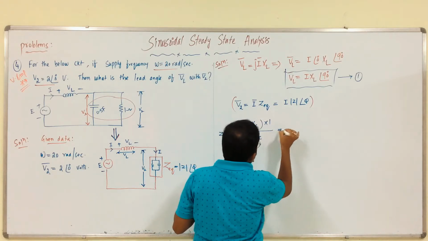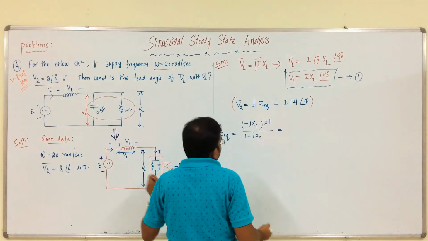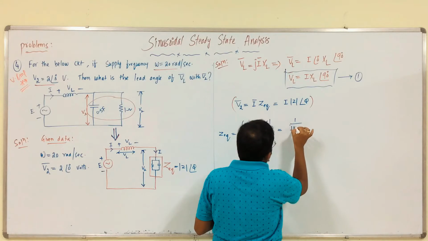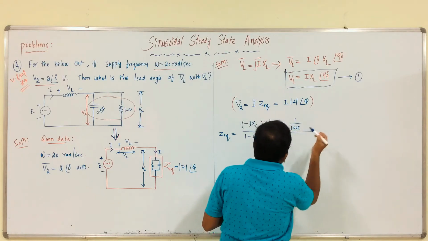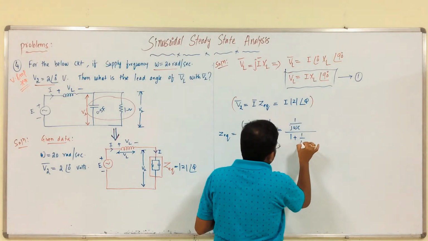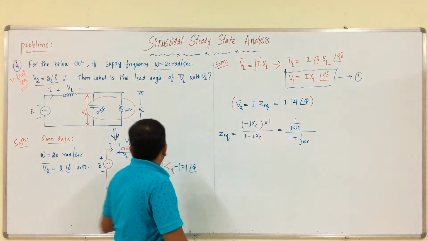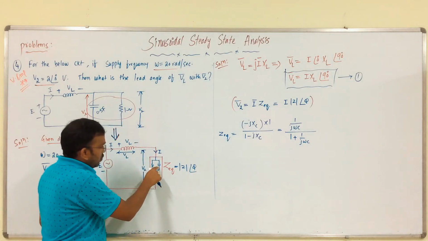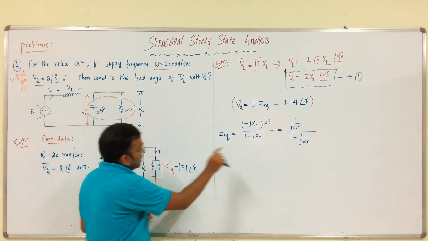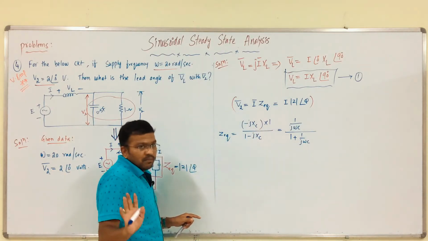He has provided omega, so we have to convert, that is 1 by j omega C. Can we write like this? These two are connected in parallel, therefore this is minus jXC, this is 1, that is why 1 into minus jXC by 1 plus minus jXC, that is it.